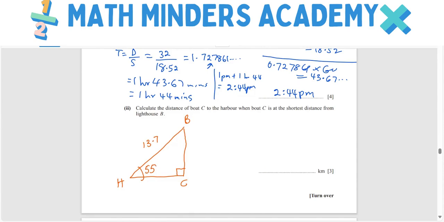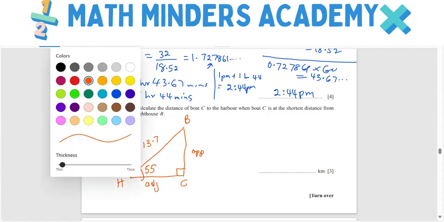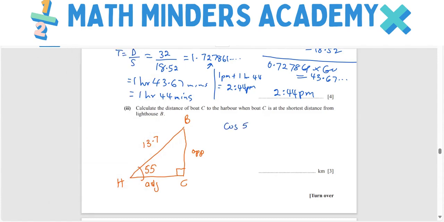So I'm looking for HC, which is the adjacent, and this is the opposite. So we use cosine here. Cos 55 degrees is HC over the hypotenuse, 13.7.